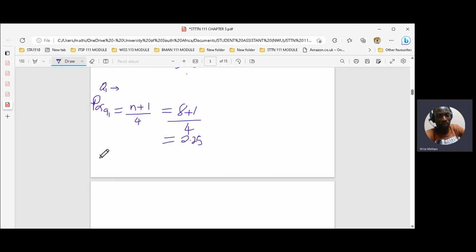Therefore Q1, let me just erase this part. Q1 is equal to what? This is the formula that we are going to use.